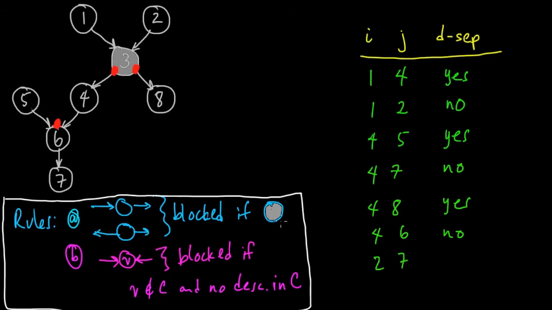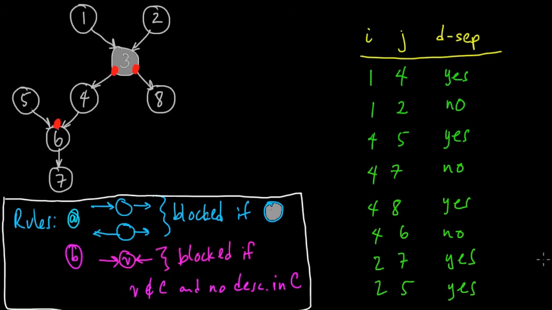What about 2 and 7? Clearly it's going to be blocked here, it'd have to go through this stop sign. So 2, 7 is d-separated. Do a couple more. 2, 5. 2 to 5, clearly blocked. It would have to go through this one and this one, because it was going 4, 6, 5.